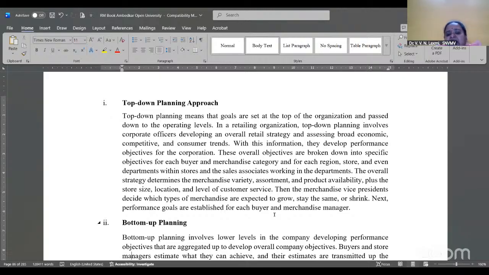The main problem with this approach is the management could be very enthusiastic, and they may give such high targets that it is difficult for the employees to achieve them, and they may get demotivated. One advantage is, because the target is high, employees and stores will always work towards achieving those targets, and they may perform better than their average performance.